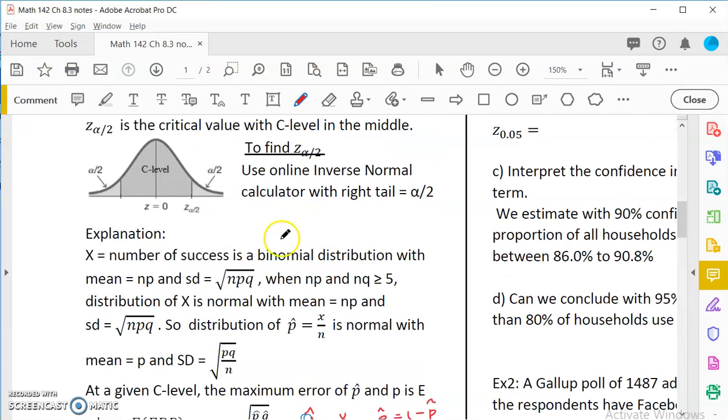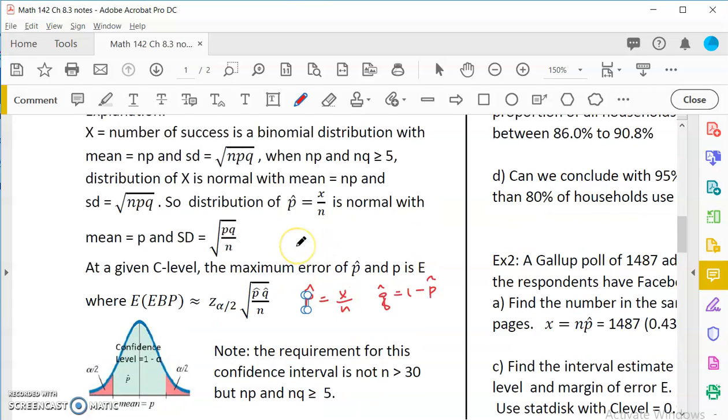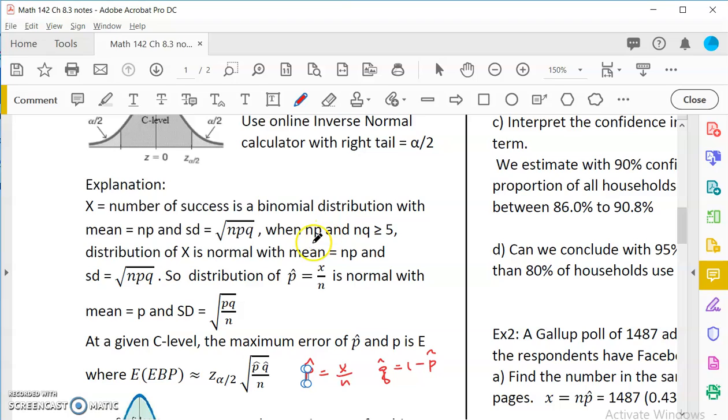Okay. So these are all the explanations, and I go over this. It is really because it's a binomial, and also np is x, right? So there's a relationship: p hat is x over n, so x is n times p hat also. So you need to also know this. Okay.